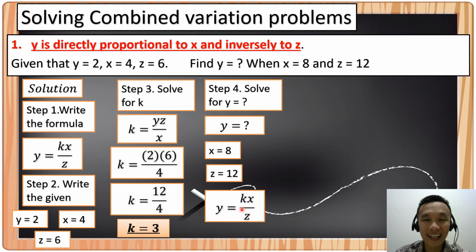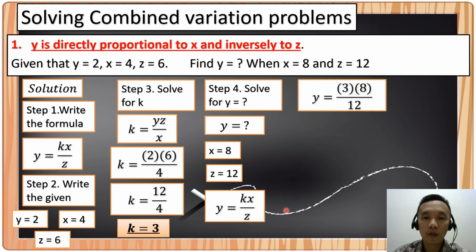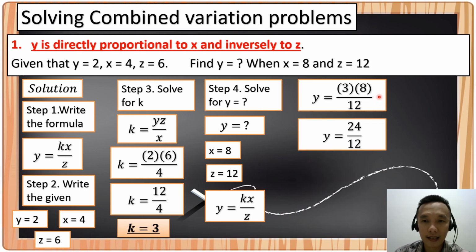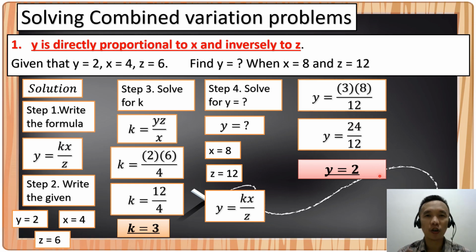Now, since you already have the value of our k, we simply substitute it by 3, and our x becomes 8, and our z becomes 12. Then 3 times 8, that is 24, and 24 divided by 12, that is 2. So this is now your answer for your y when x equals to 8 and z equals to 12.